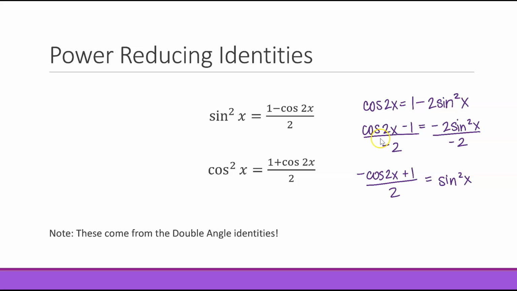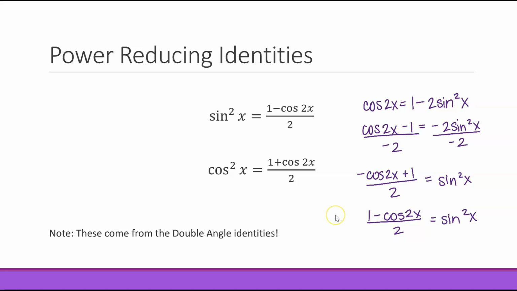Right, because in a quotient, I can take the negative that's on the bottom and move it to the top. There's 2 terms on the top, so it would distribute. So I can see here, I can switch these with the commutative property. This is 1 minus cosine 2x over 2 is equal to sine squared x. So that's the power reducing identity.